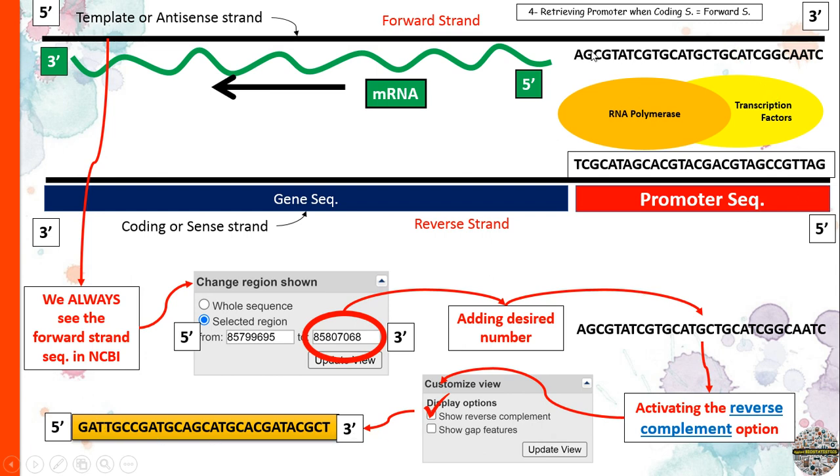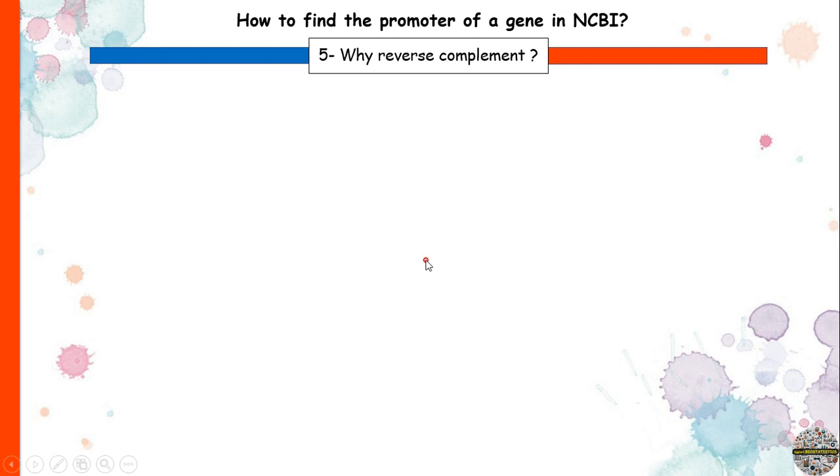So if we get this sequence right here and just make its complement, we will have this one, TCGCA, but this is from 3' to 5'. We just need to reverse it. First we complement this sequence, and then we reverse it to get this one, because we need the sequence from 5' to 3'. And I will explain it more.